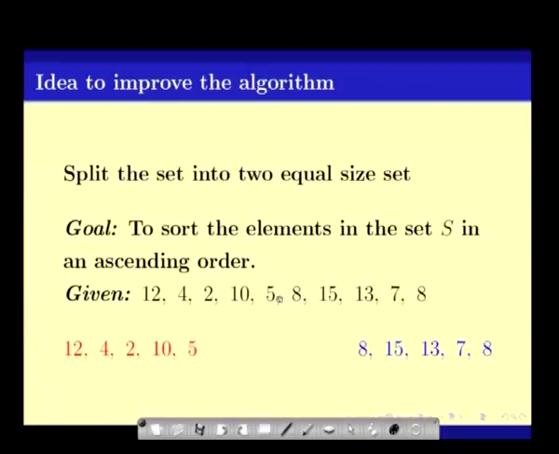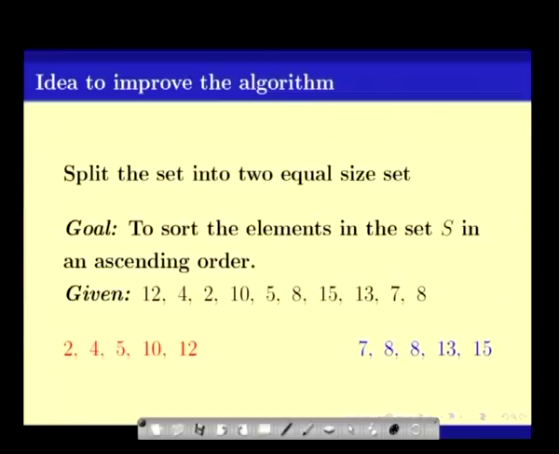So, we take 5 elements on the left side and 5 elements on the right side. So, we have 12, 4, 2, 10 and 5 on the left, and 8, 15, 13, 7 and 8 on the right. Now, of course, recursively we can sort each of them. So, we sort the ones on the left and we sort the ones on the right.